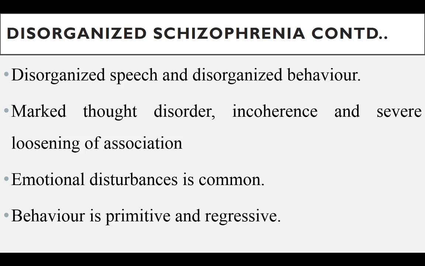And regressive means regression. Please try to correlate with the word regression. That means we go back into our primitive lifestyle, those prehistoric times, or we regress in our growth.